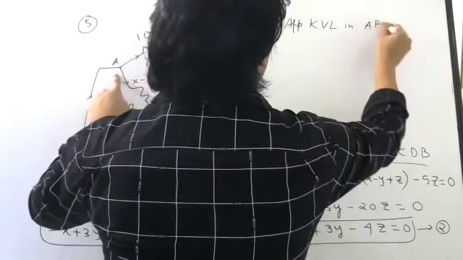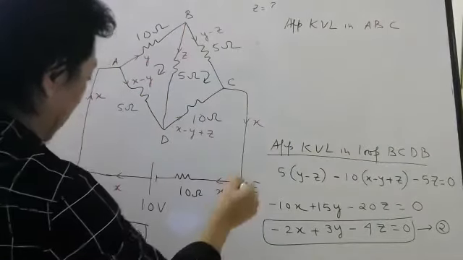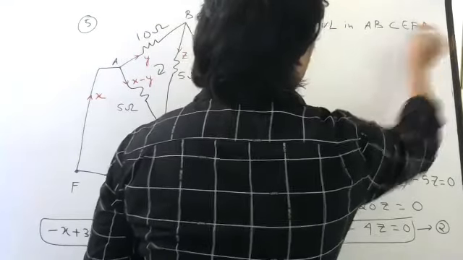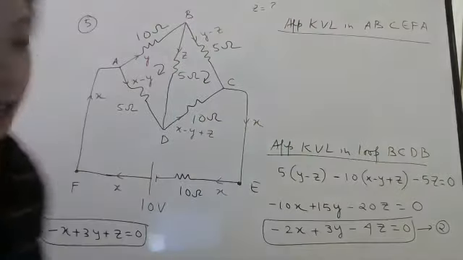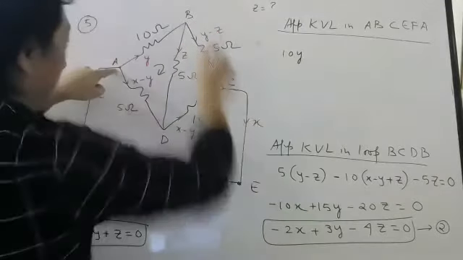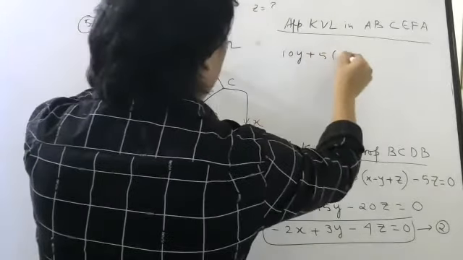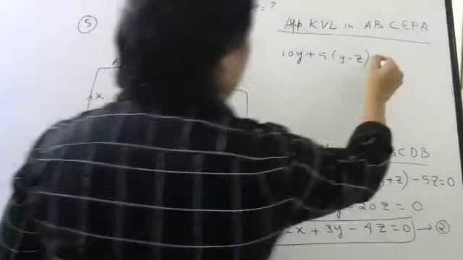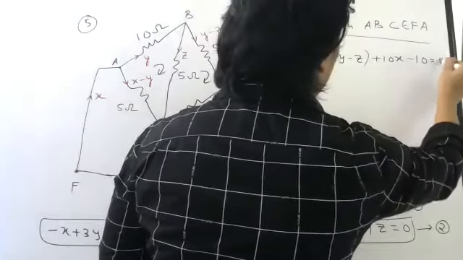A, B, C, then you go outside E, F, A. Let us apply 10Y directly this time, plus 5 into (Y minus Z). Here along the current plus 10X. Battery is there, minus 2 plus rise, minus 10 equal to 0.